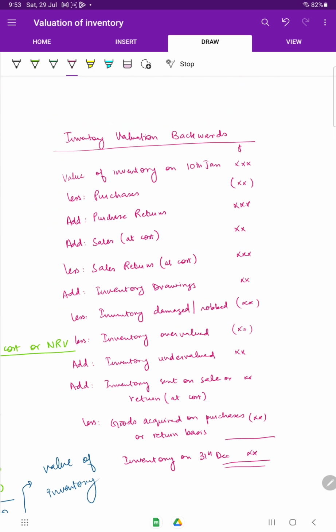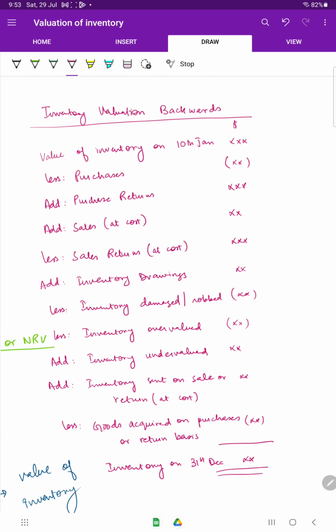Please copy this format so that I can end the class.